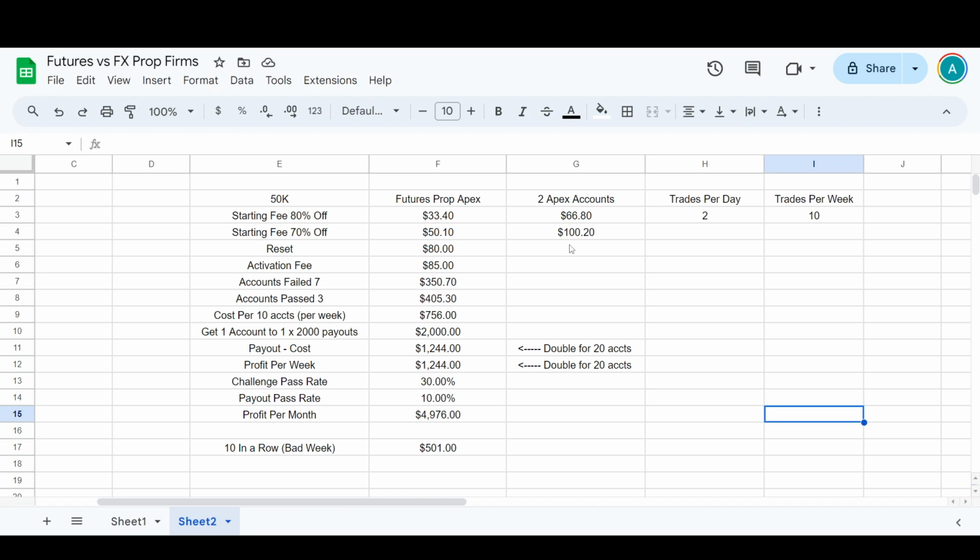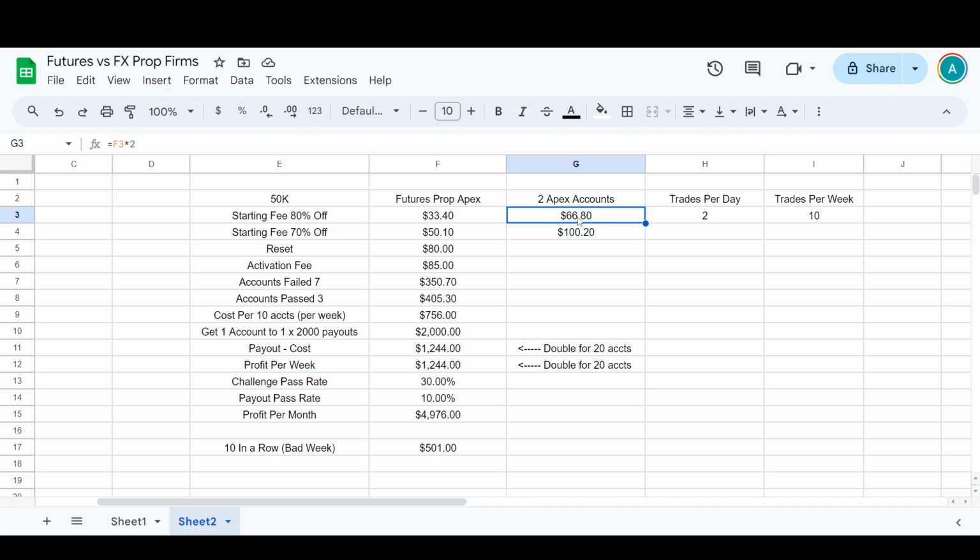But if you wanted to still keep the example from the previous video where you're risking 300 a day like you would on your normal, let's say $5,000 trading account, then obviously here with the 80% off, if you were to do 2 trades per day, instead of having one 50K account on each trade, you could multiply the cost here, basically $60 to get that up to $300.